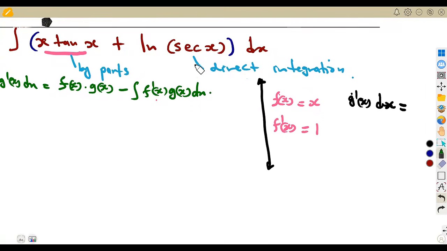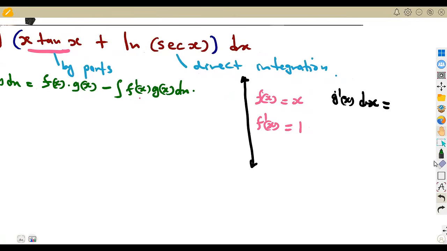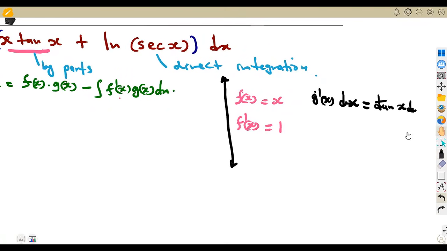With respect to x, it's going to be tan x dx.